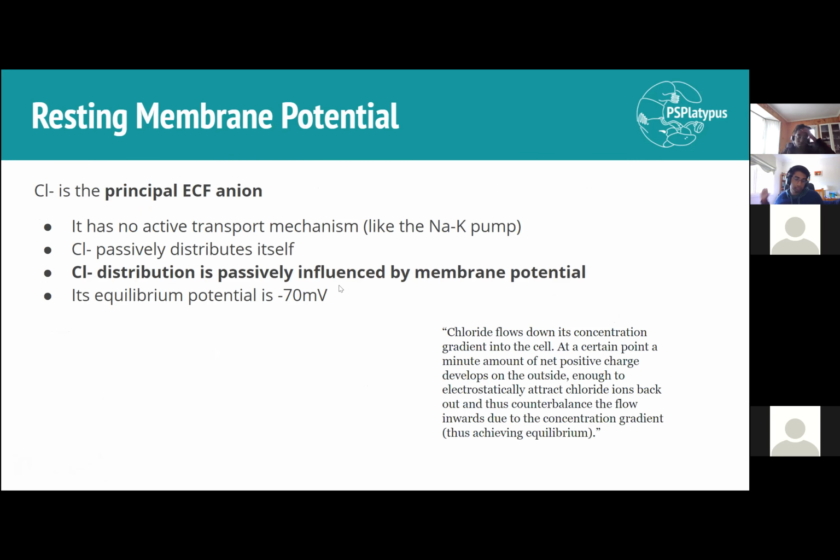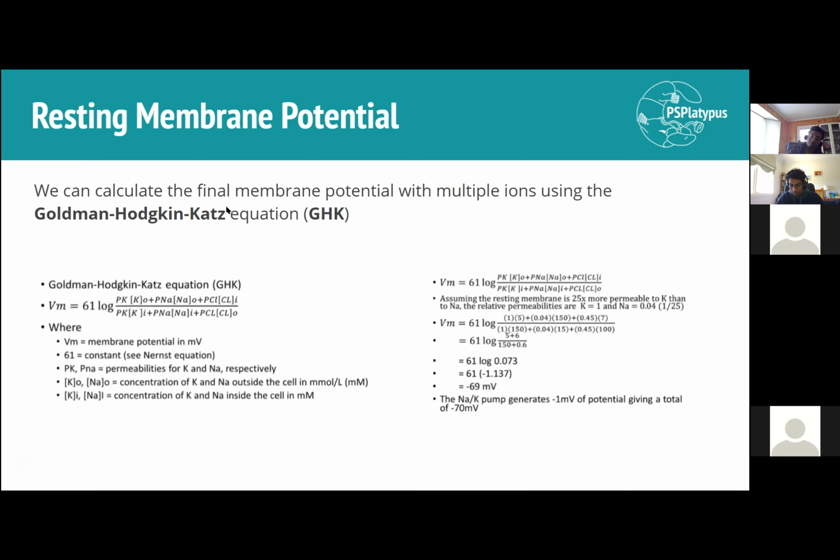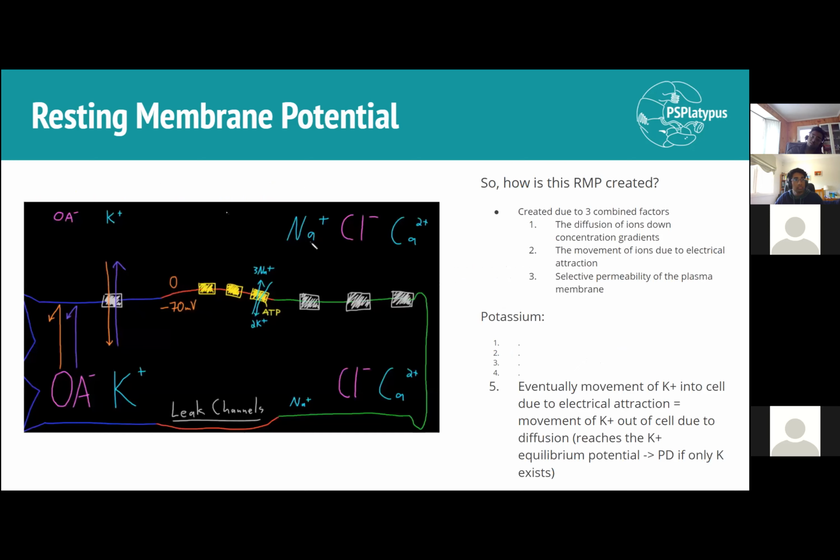So when we talk about chloride, I said I'll get back to this. It is slightly different. It has no active transport mechanism like the sodium potassium pump, and it's the principal ECF anion. We had organic anions inside, so the main extracellular anion is going to be chloride.